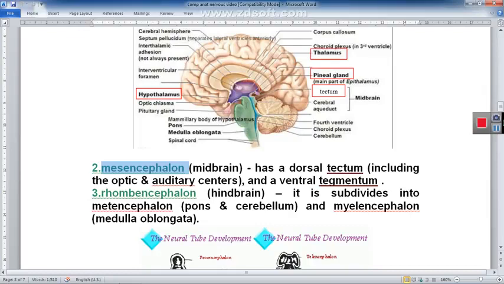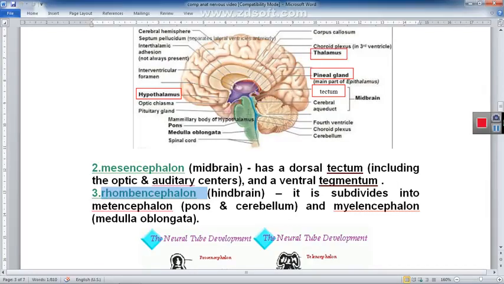The third primary brain vesicle after the midbrain is the hindbrain, and the hindbrain is divided just like the forebrain. Of course, the hindbrain is called rhombencephalon, and it divides just like the forebrain into an anterior part which is called metencephalon and a posterior part that is called myelencephalon.